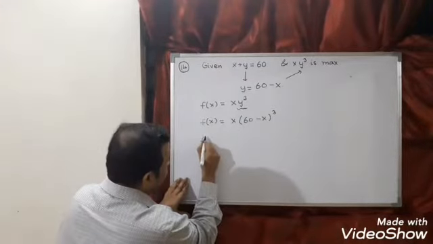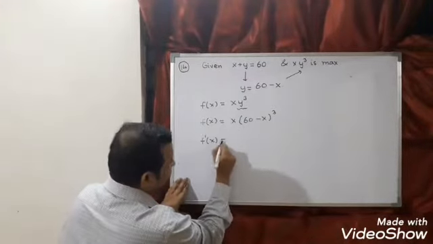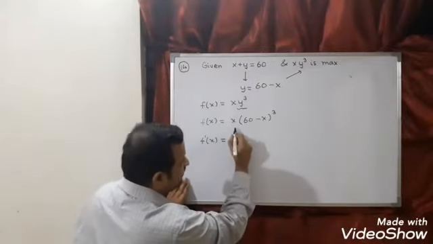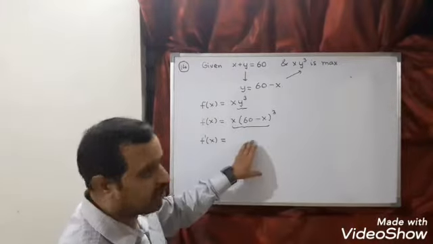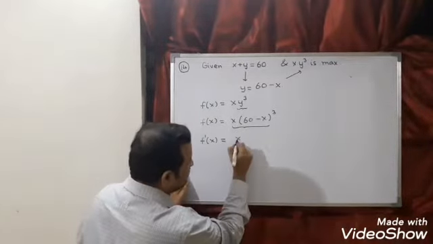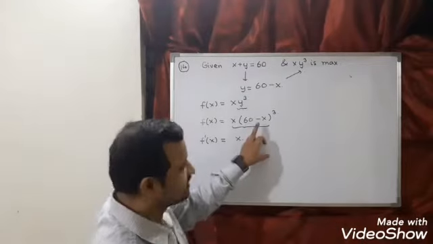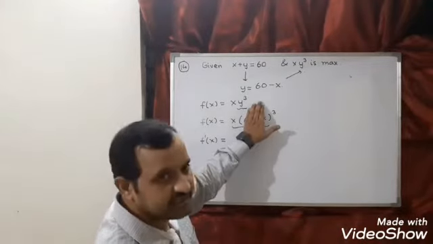So first step is what? Find f dash x. F dash x is equal to. So how to differentiate this? Can I say it is a product of two terms? So apply the product rule: first function into differentiation of second function. So assume this to be x.